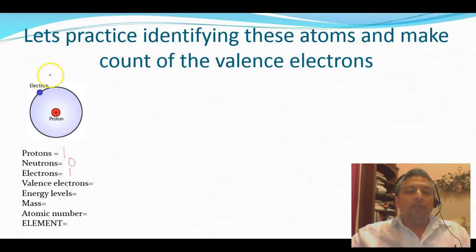Valence electrons, remember, those are the electrons on the outer shell, but since we only have one energy level right here, therefore valence electrons will be 1. Energy levels, we got 1. The mass, since we only have one proton in the nucleus and no neutrons, is only 1, since we have one particle only. The atomic number is the number of protons. Remember, that is 1.